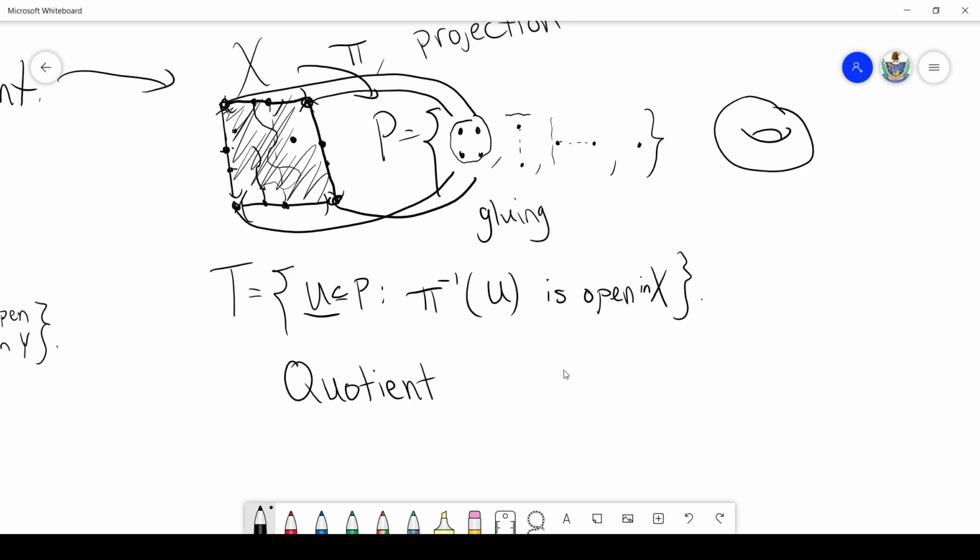Right. Let me see if I can explain to you why that is. Essentially, the 4 corners here become this one point. And if you imagined you took out that point, then you'd be left with, essentially, this circle here, which is glued together. So imagine, how should I draw this?